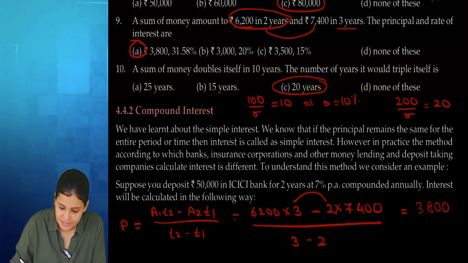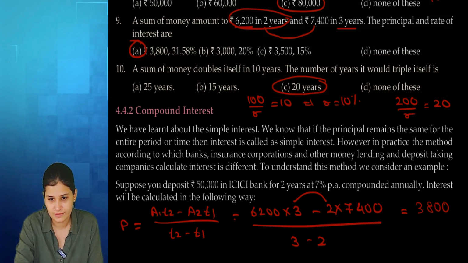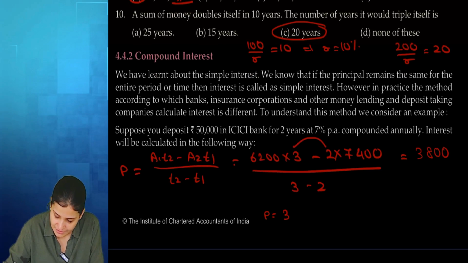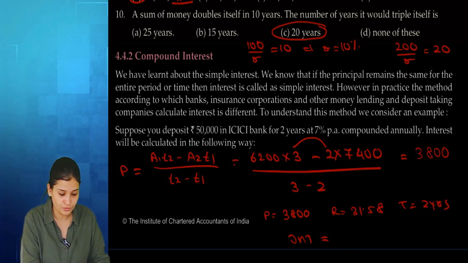So the principal is 3,800. But I wanted to check the rate also because we have none of these as an option. So by trial and error, I took the principal 3,800, rate I assumed 31.58 from option A, time is 2 years. I first found out the interest: 3,800 into 31.58 into 2 divided by 100.